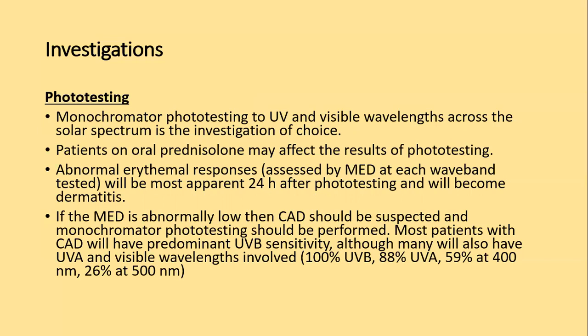Most patients with chronic actinic dermatitis have predominantly UVB sensitivity, although many will also have UVA and visible wavelengths involved. So 100% have UVB involvement, 88% have UVA as well, 59% at 400 nanometers and 26% at 500 nanometers of visible wavelength.